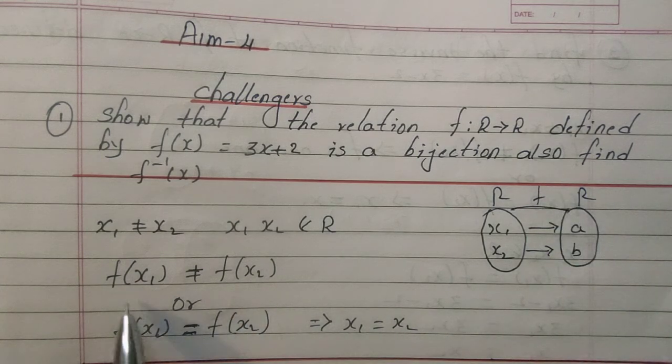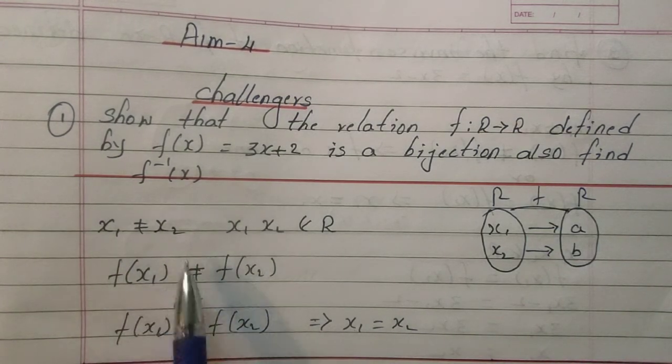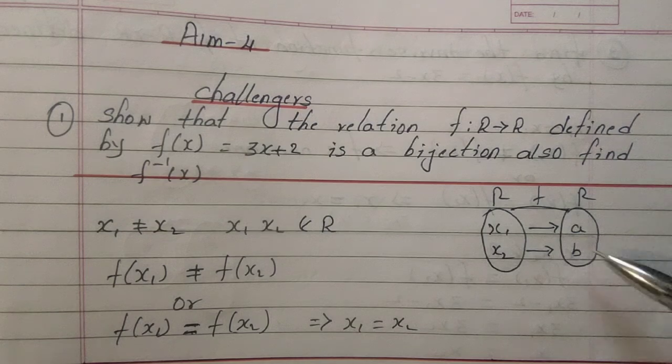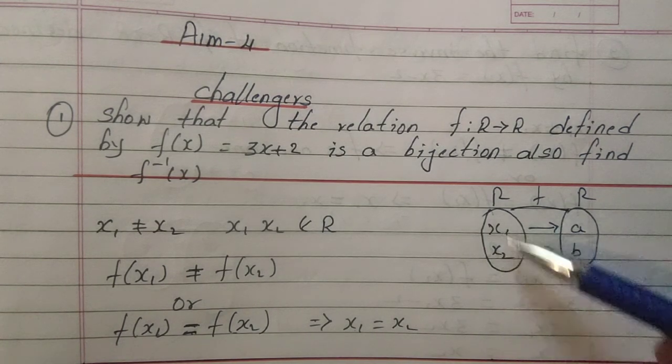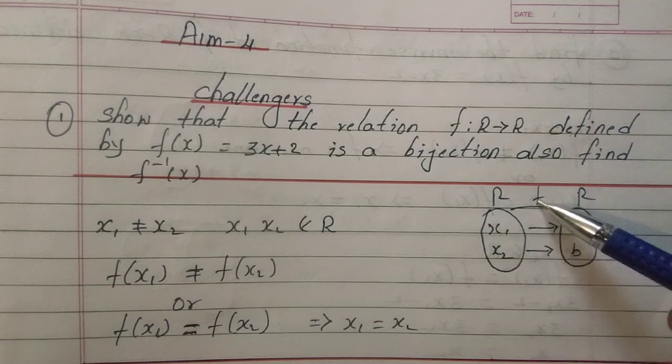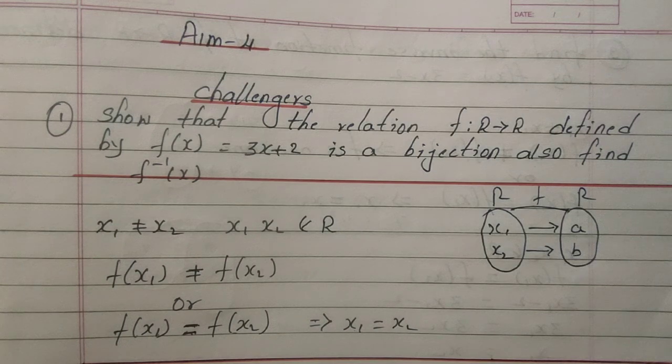If I substitute x1 and x2 into this function, definitely I will get different answers, because these two are different. That means when we substitute into function f, we will get different images.